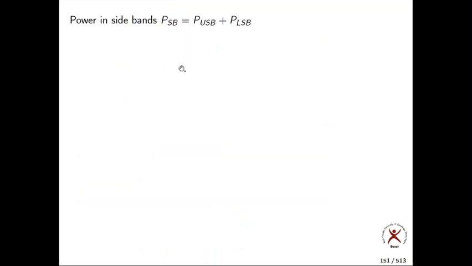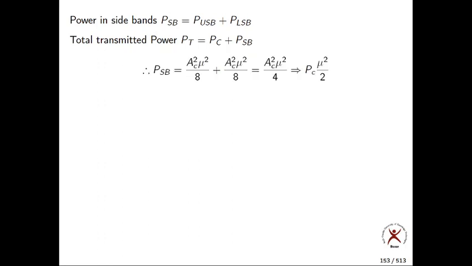Okay. So what is the power in sidebands? We have two sidebands. So power in sidebands equals the sum of power in USB and LSB. So power in sidebands equals power in LSB plus power in USB.